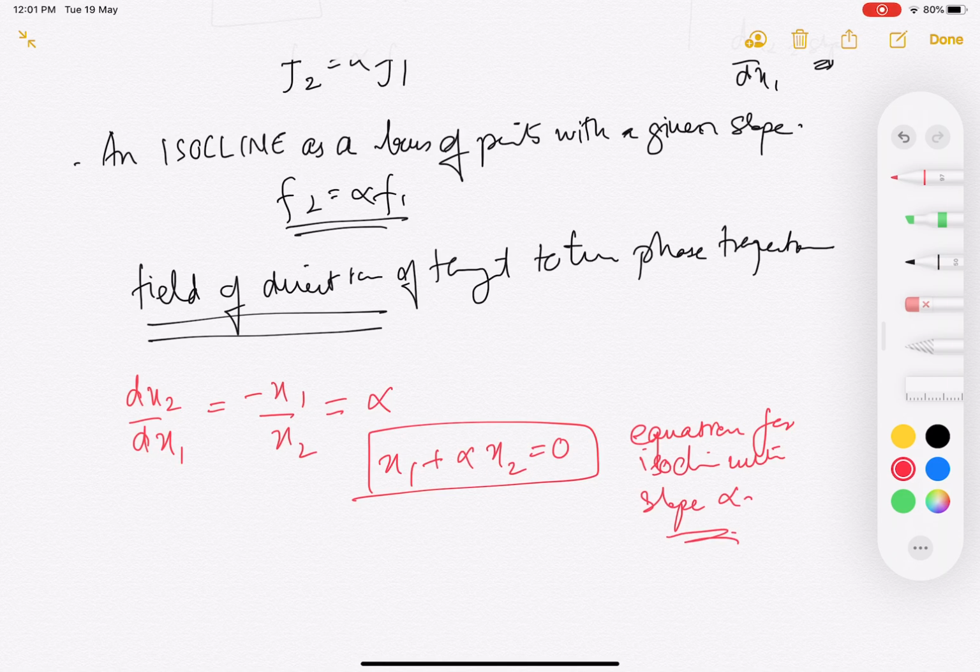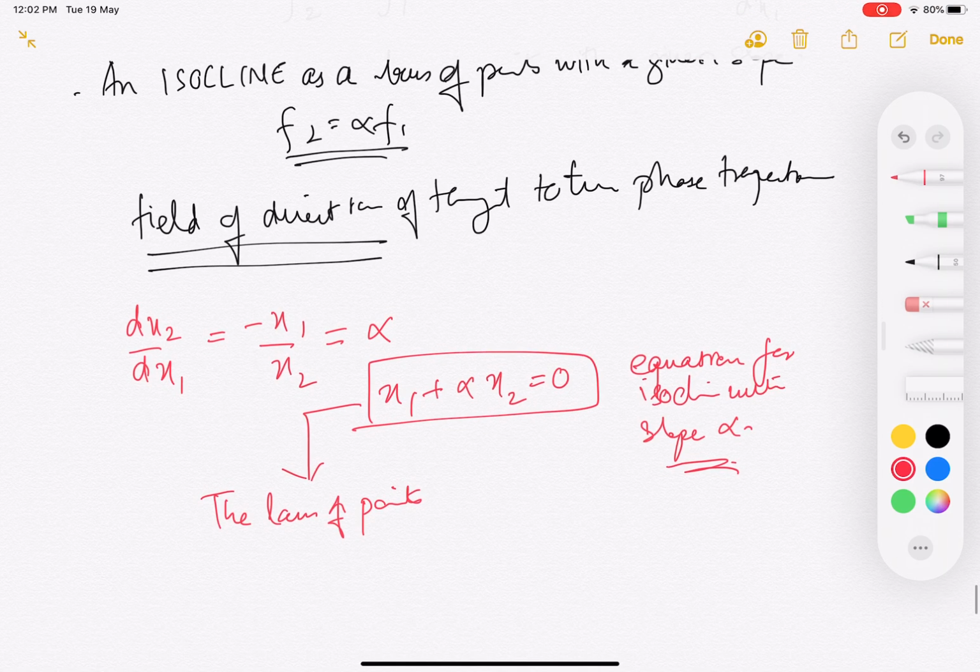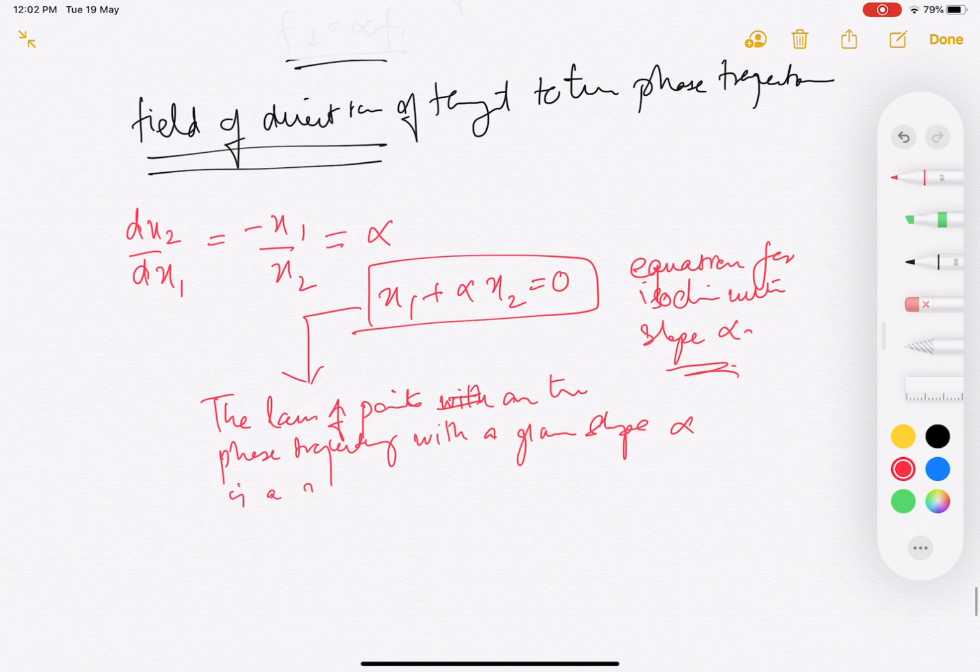What it means is that the locus of points on the phase trajectory with a given slope alpha is a straight line given by x1 plus alpha x2 equal to 0.